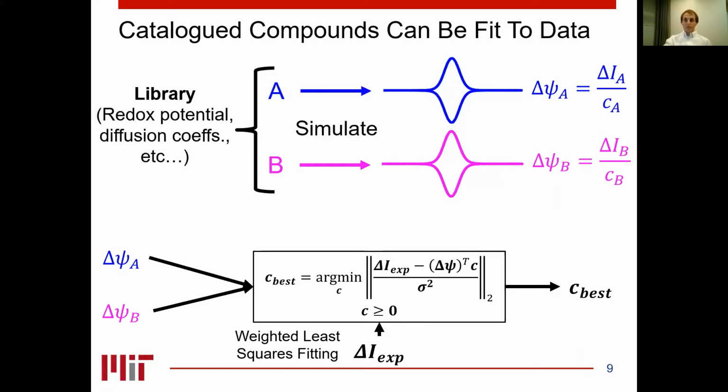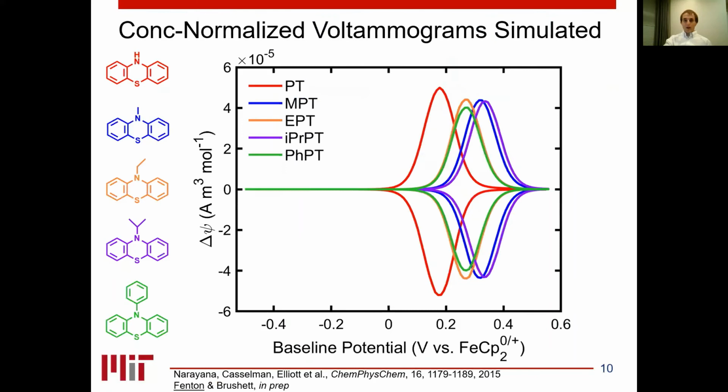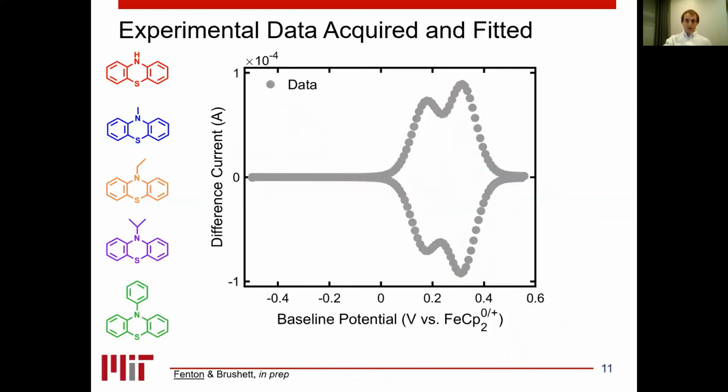Now, the question becomes, so how does this apply to this example set of phenothiazines? First off, the concentration normalized electrochemical signal, again, in this case, the concentration normalized difference current, is simulated for each of these phenothiazines and shown in the graph here. Then this concentration normalized difference current is compared to the experimental data.